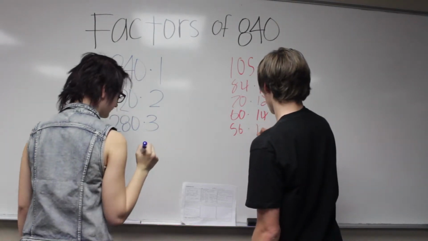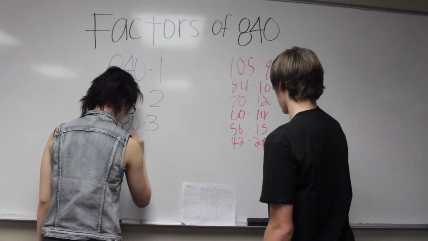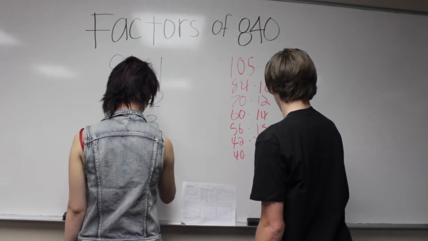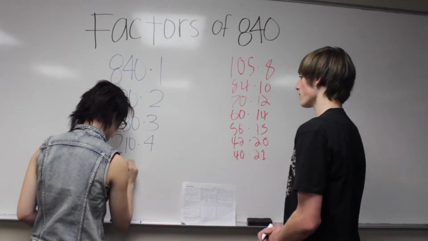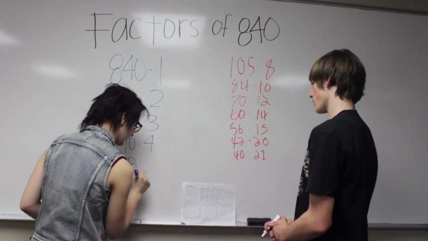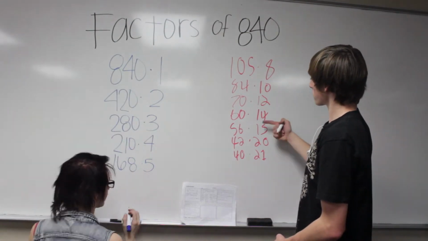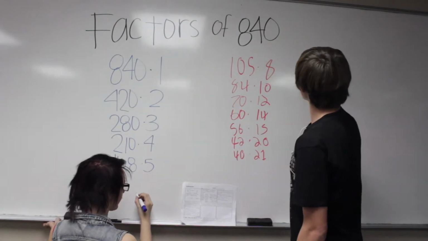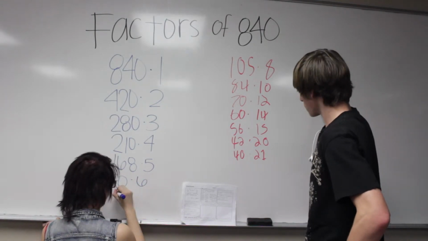So we have 840 times 1, 420 times 2, 280 times 3, 210 times 4, 168 times 5, 140 times 6, 120 times 7, 105 times 8, 84 times 10, 70 times 12, 60 times 14, 56 times 15, 42 times 20, and 40 times 21.